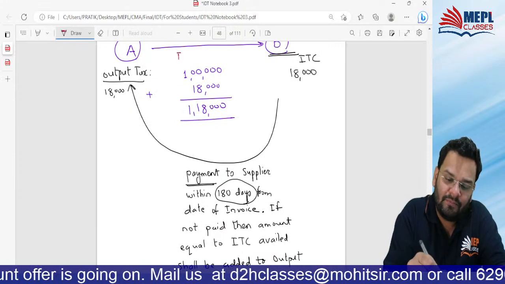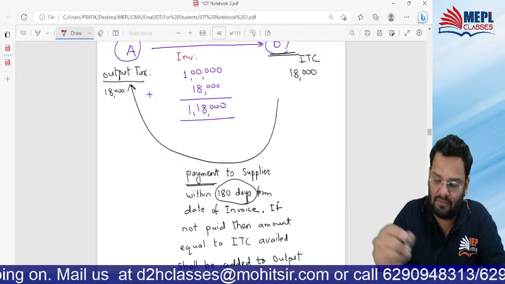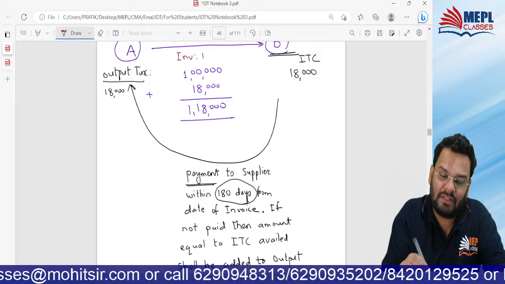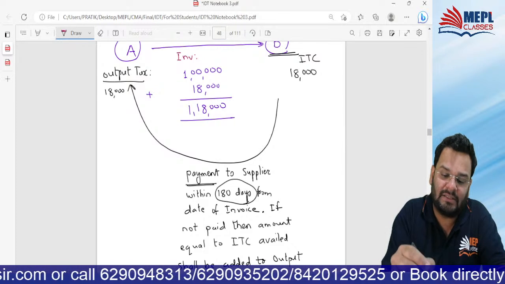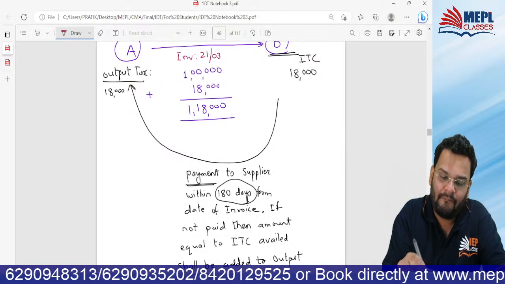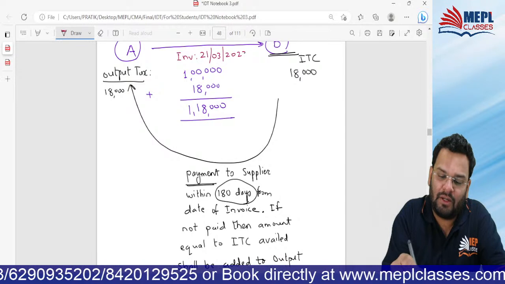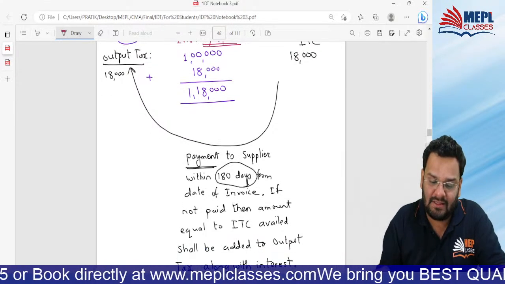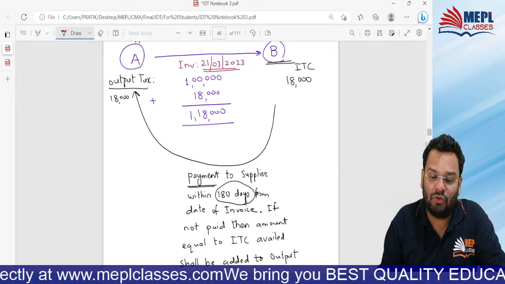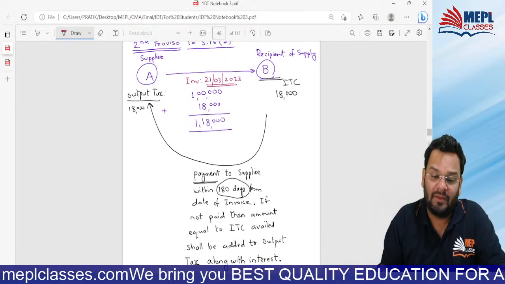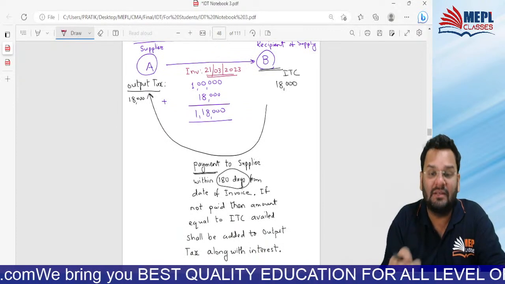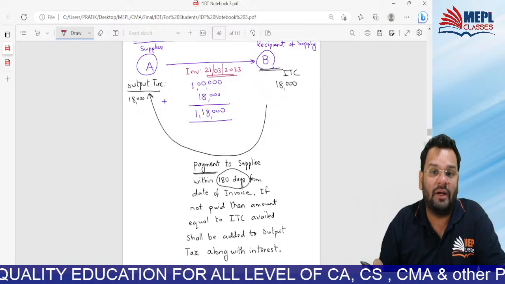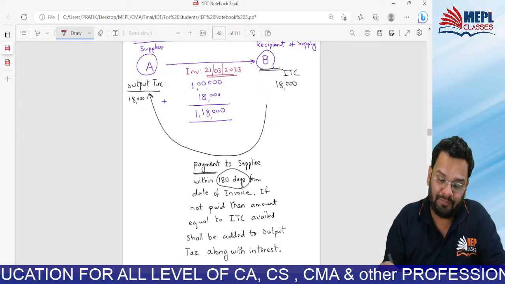assume that here the invoice date was today's date, say it was 21st March 2023. Now within how many days should B pay to A at minimum, at least, according to the proviso? Check.